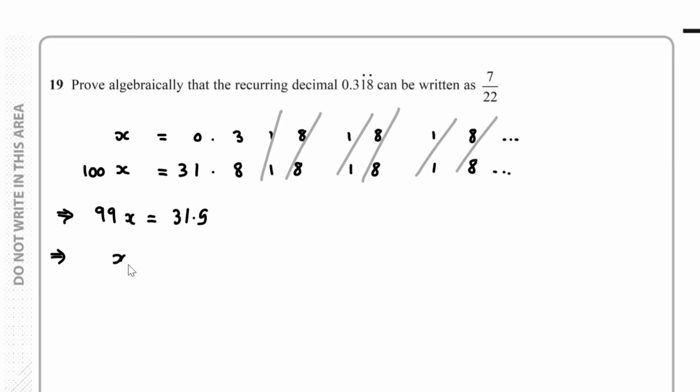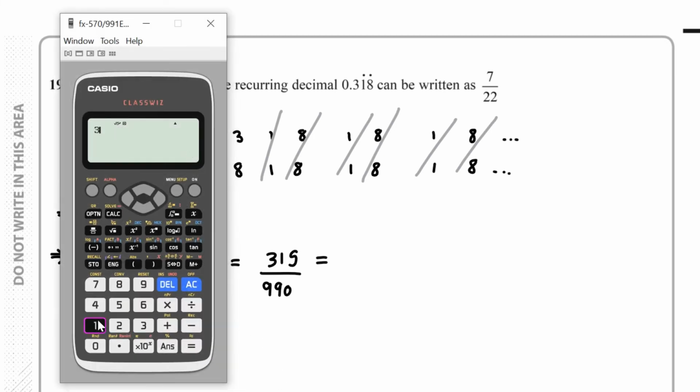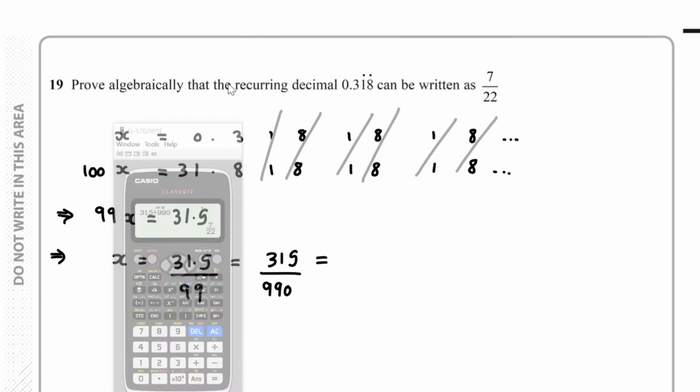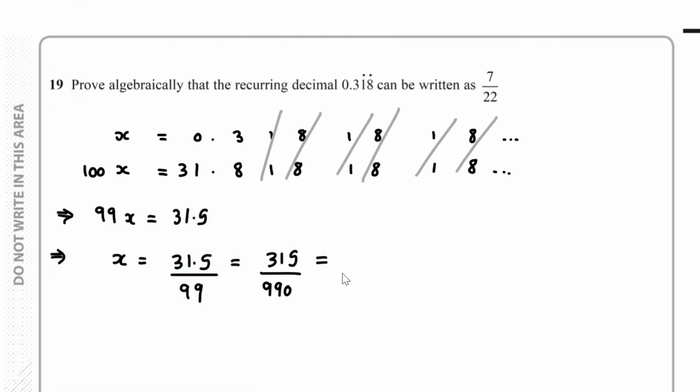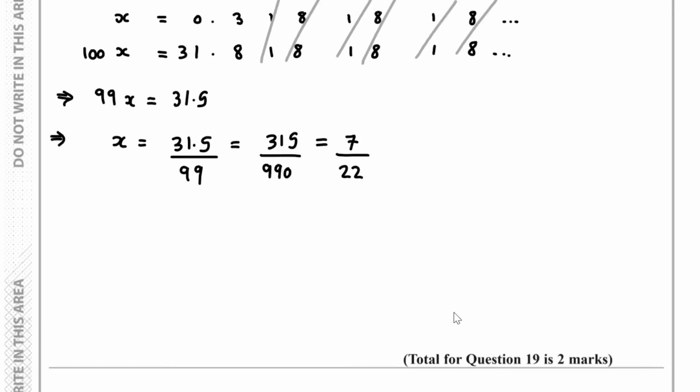So therefore x will equal 31.5 over 99. So if we simplify this, we've got 315 over 990, which simplifies to, if I type this into my calculator, 315 divided by 990, which is 7/22. So here I've got 7/22.